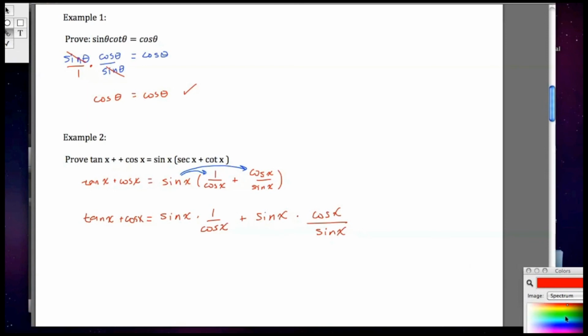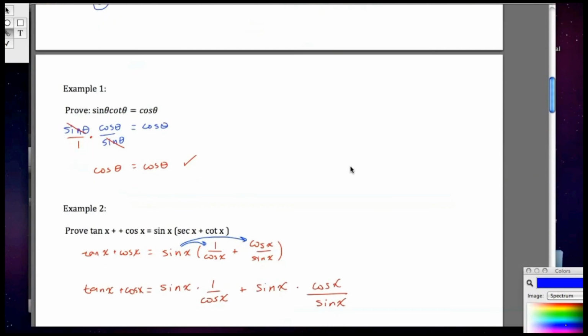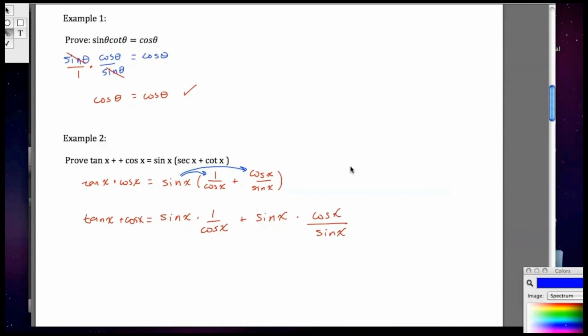Okay. Now, is there anything I can cancel? Because remember, up here, I am only working with one side, so I'm only working with this other side, so I'm going to simplify. Well, I know that this is going to be sine x over cosine x plus, now these are going to cancel out, so this is going to be cosine x.